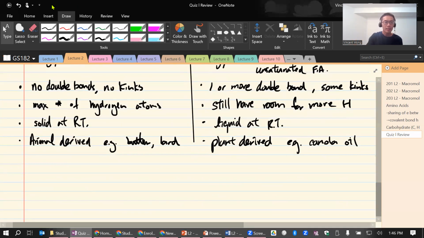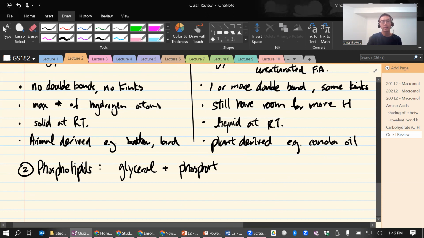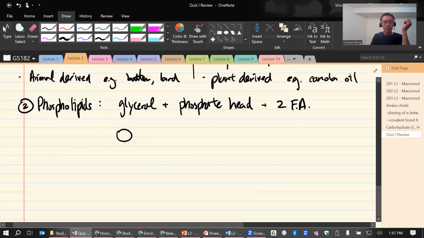Now, other than that, we also have another kind, right? Phospholipid. Which is glycerol plus phosphate head, phosphate group, same thing, plus 2 fatty acids. They could be saturated, they could be unsaturated, could be a mix, doesn't really matter. What does matter is you have this molecule, right?